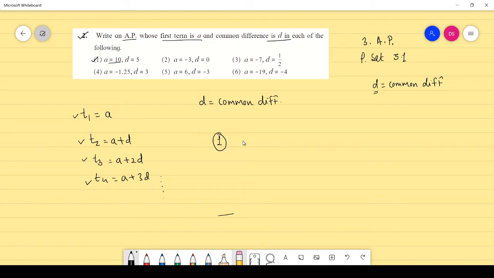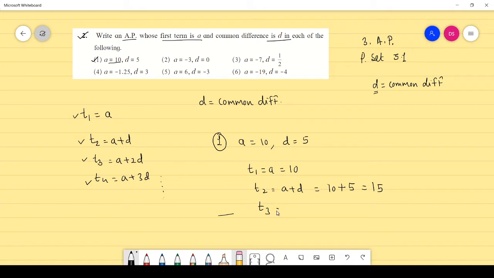What is our first problem? They gave A equals 10 and D equals 5. It is quite easy. The first term T1 is equal to A, which is 10. T2 will be A plus D, where A is 10 and D is 5, so we get the second term as 10 plus 5, that is 15.